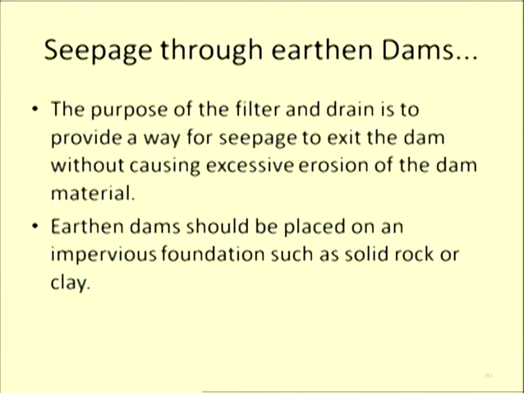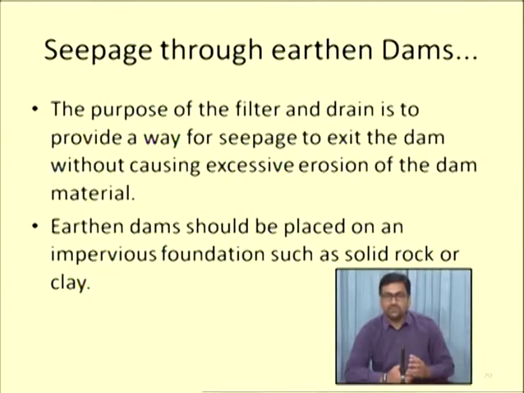Since the dam material is soil or locally available material which got compacted, when there is excessive seepage, that material comes out, gets detached and starts flowing with the seeping water, and it causes a gully effect or piping, or sometimes scooping out of the soil mass, causing failure of the earthen dam.